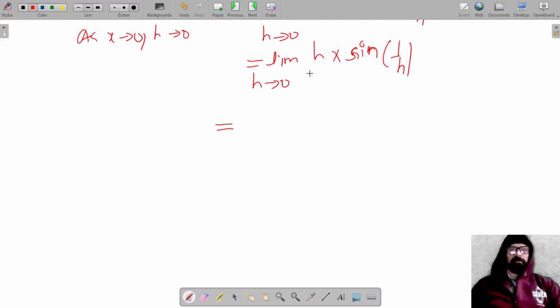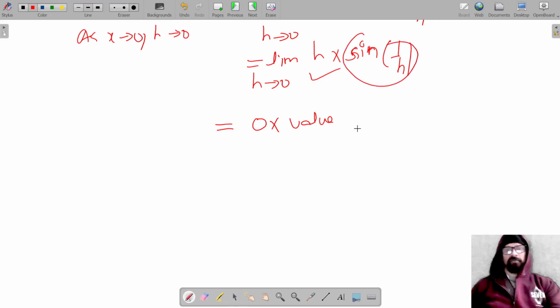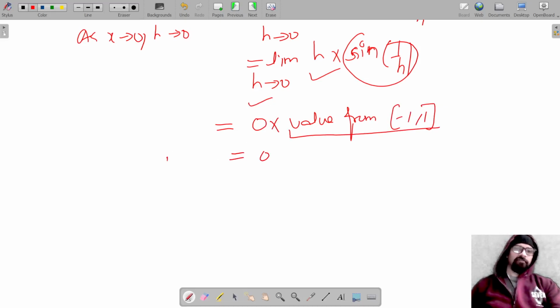Now, if we take the limits, h is 0 and the value of sine 1 by h will be any value from the interval negative 1 to 1. Whatever the value is, it is going to be multiplied by 0, so this is 0. So left hand limit is 0.